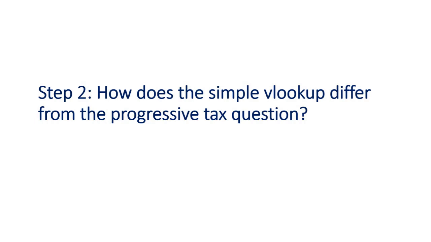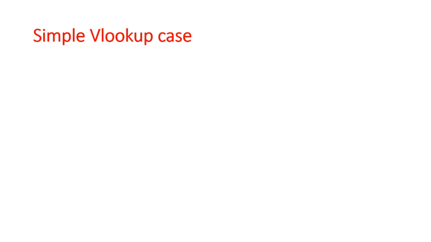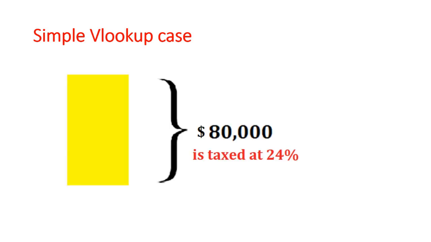Step 2. How does the simple VLOOKUP differ from the progressive tax question? To understand the key difference, let's look at this example. Suppose I earn $80,000 per annum. Now, in a simple VLOOKUP case, we use the whole 80,000 and we multiply by 24%.